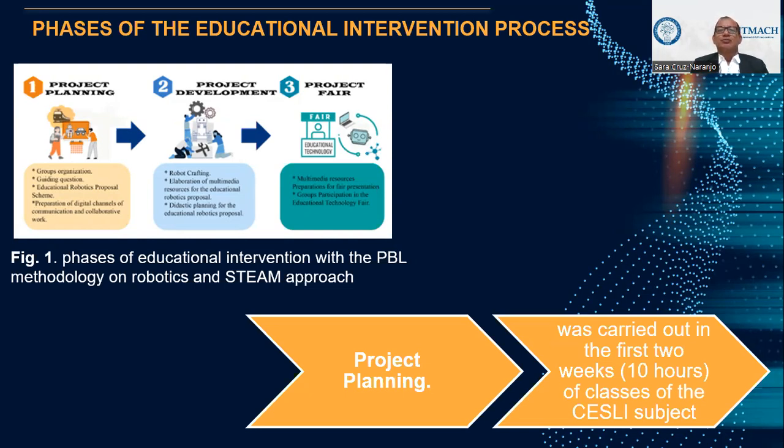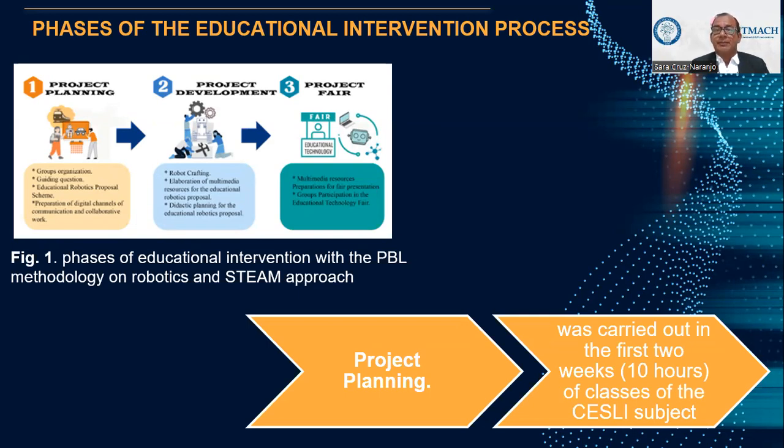So as we said, we have the project planning. In this first phase, there were group organization, guiding questions, educational robotic proposal scheme, preparation of digital channels of communication, and collaborative work. In the next step, project development, we have robot crafting, elaboration of multimedia resources for the educational robotics proposal, and didactic planning for the educational robotics proposal.